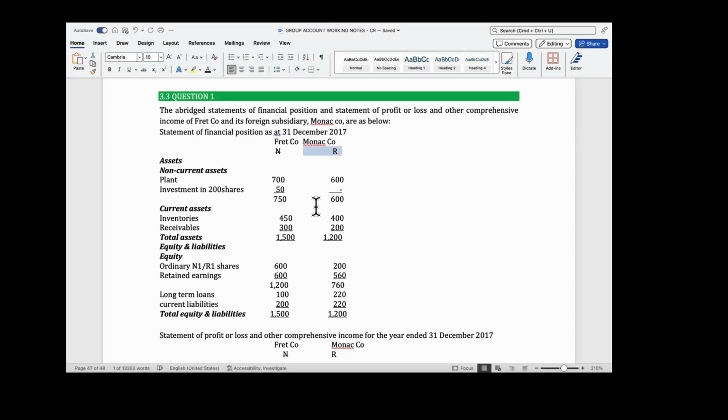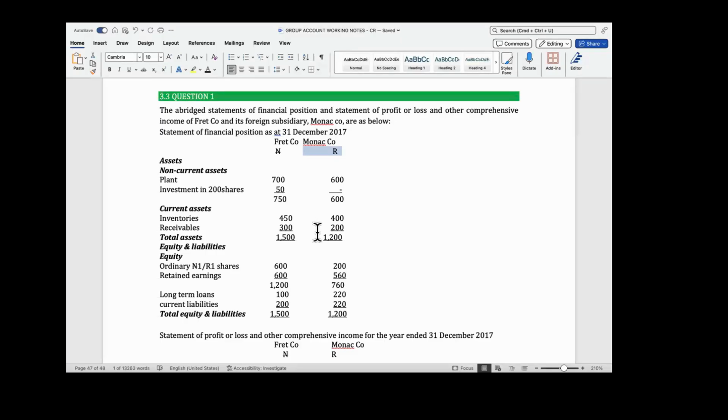So because of that, we're going to translate all assets and liabilities at closing rate, share capital and pre-acquisition reserve at historical rates, post-acquisition retained earnings as the balancing figure, income and expense items at average rates.